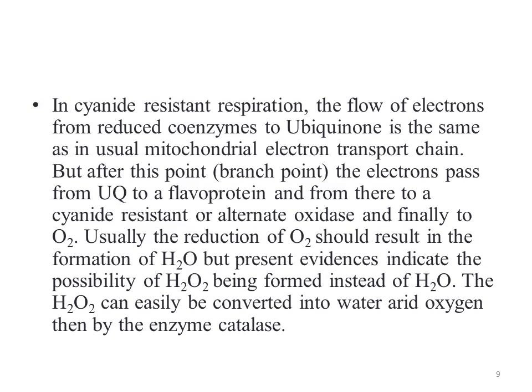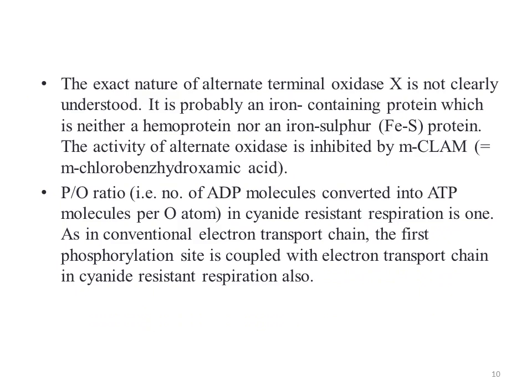This superoxide production can easily be converted into water and oxygen by the enzyme catalase. The exact nature of the alternate terminal oxidase X is not clearly understood. However, it is probably an iron containing protein which is neither a hemoprotein nor an iron sulfur protein.